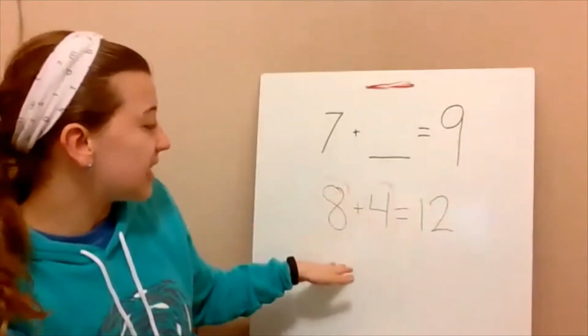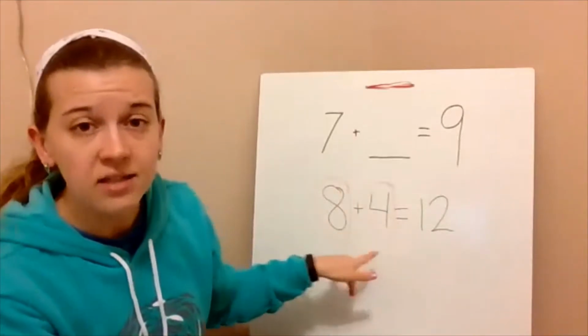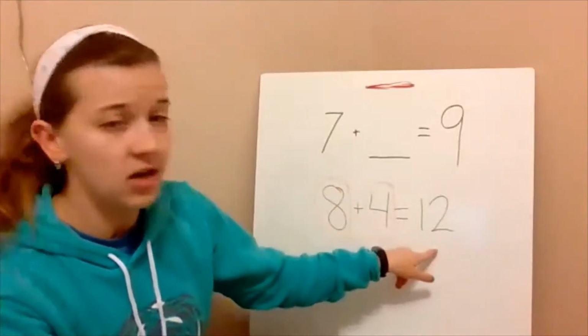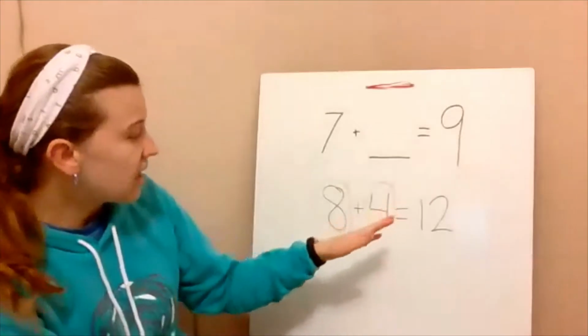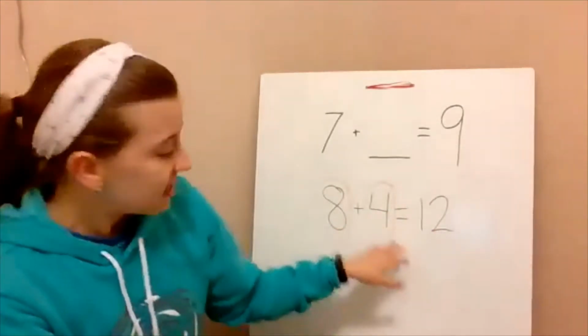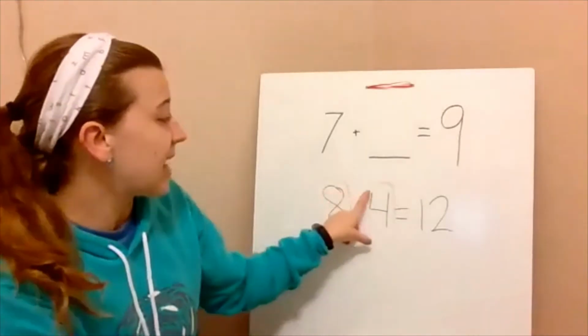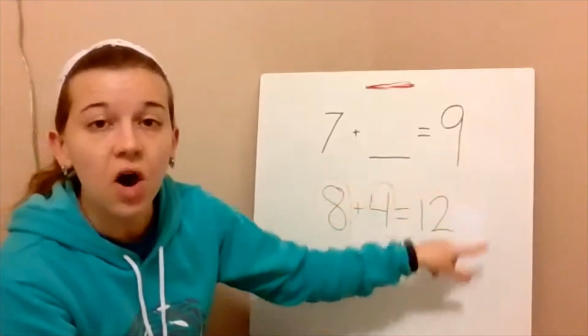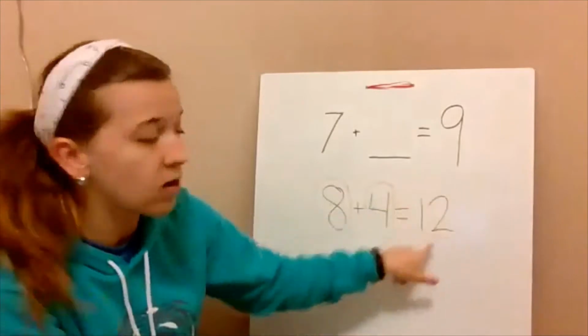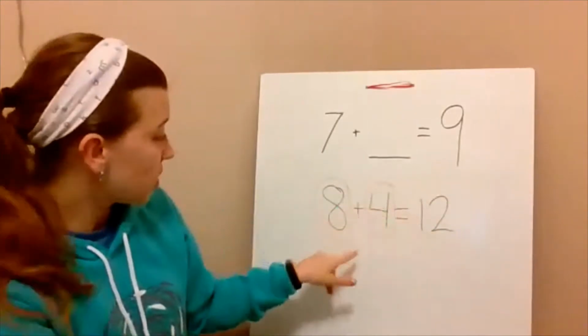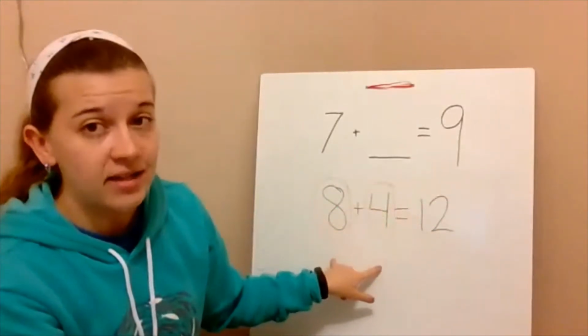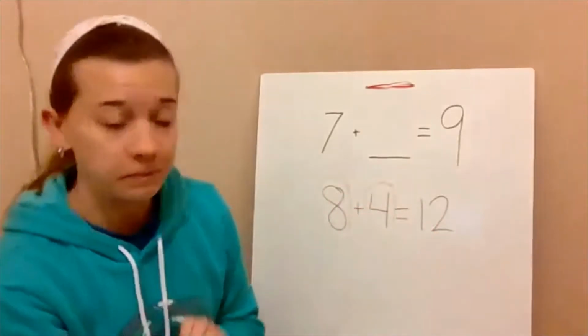So in this case, 8 and 4 are the addends, and 8 and 4 added together equals 12. So in this addition sentence, 8 and 4 are parts. So one part is added to another part, and then that gives us a whole. Okay, and 12, or the sum, is the whole. So these are two parts, or two addends, put together to create a whole.